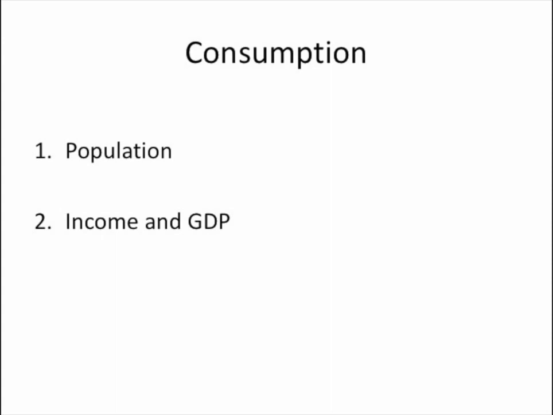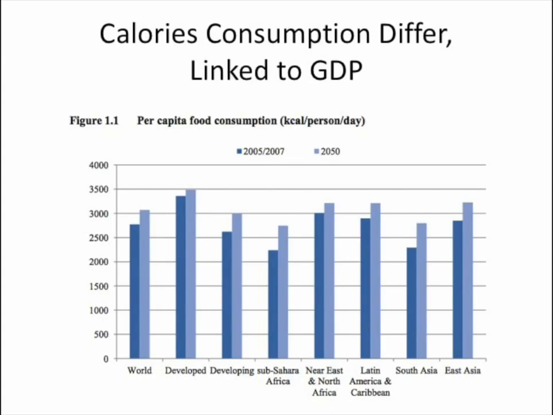So will income and GDP, or those are used interchangeably here, income or GDP. Wealth in a country, as we get more wealthy, we tend to consume more calories. Here you see some of that impact.